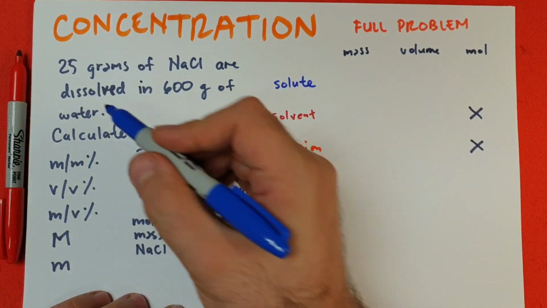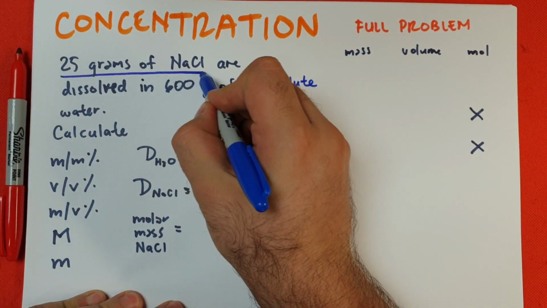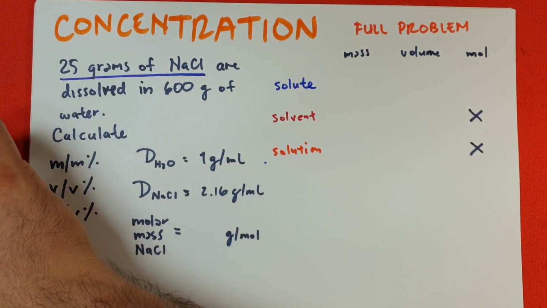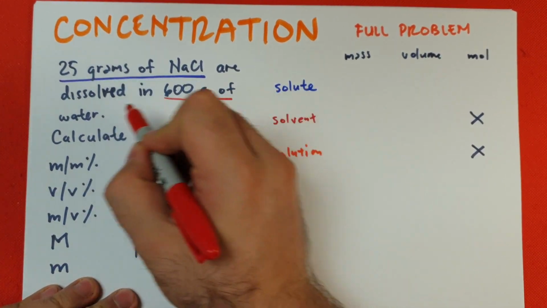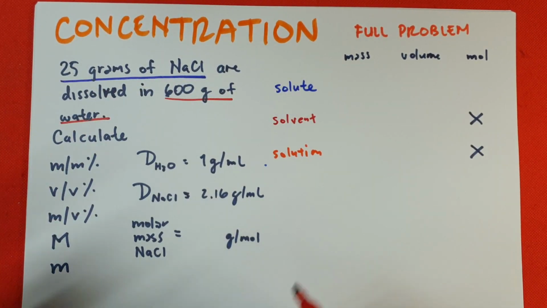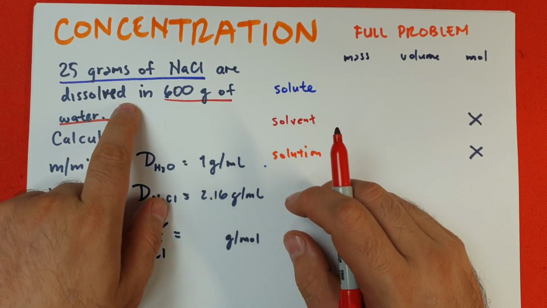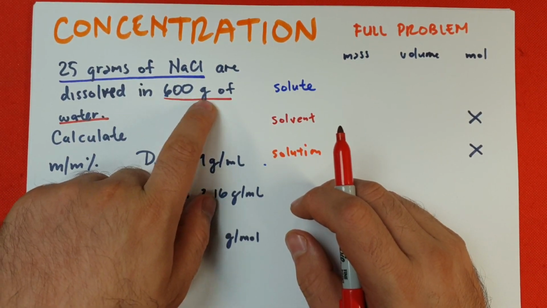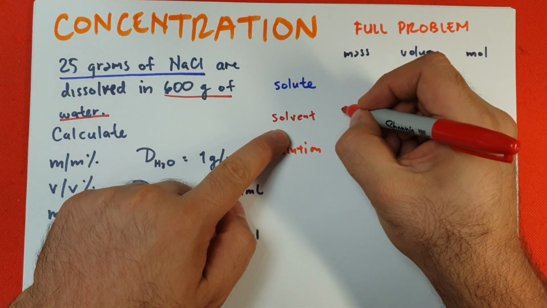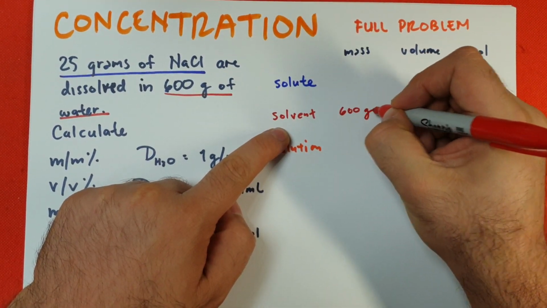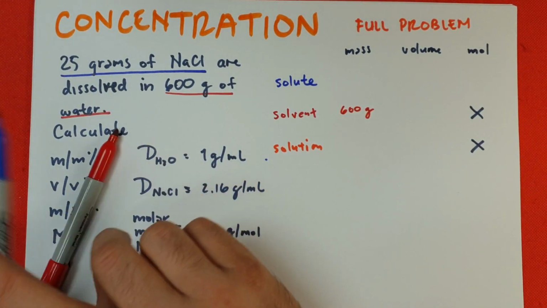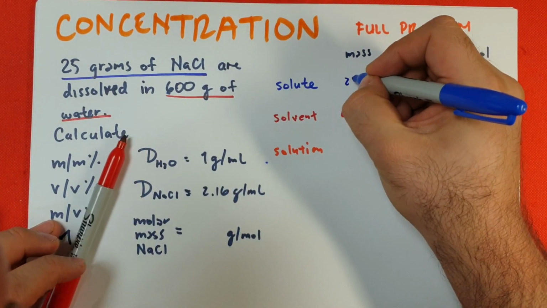Who is a solute? 25 grams of salt. Who is a solvent? 600 grams of water. We're already being given that, so let's put it directly into the table: 600 grams of solvent and 25 grams of sodium chloride.